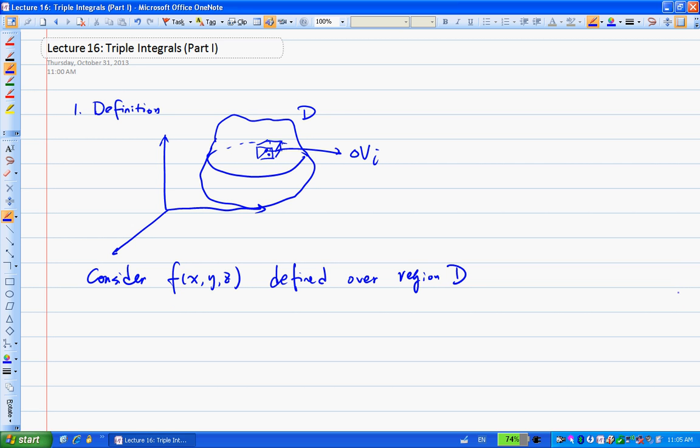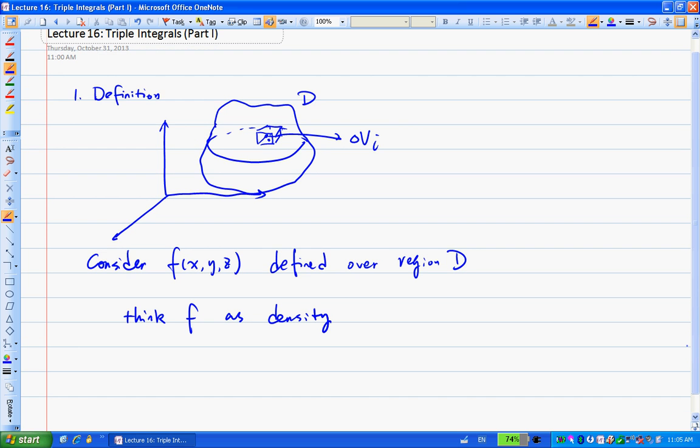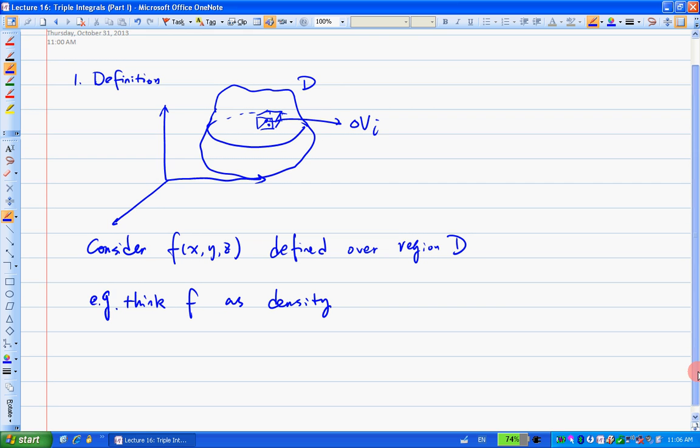That's mathematically what it means. Now you can think of this f as, let's say, density. So this f represents the density of this region D, or a certain solid.